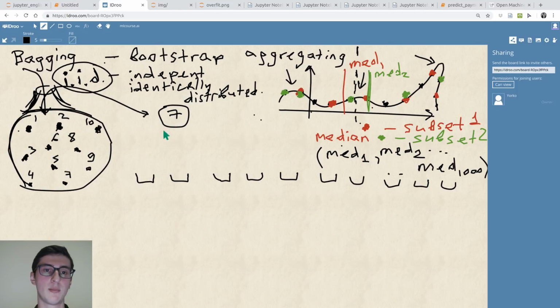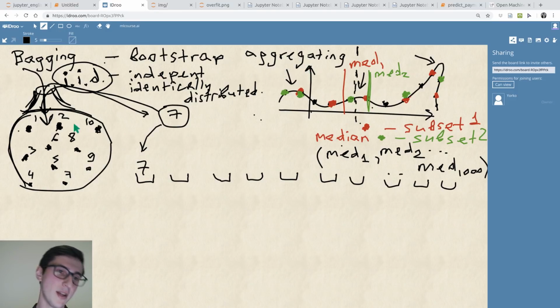Let it be ball number 7. And then you write it down that you've taken out ball number 7, and then you return it back to this bag. Okay, so actually bagging has nothing to do with a bag, but it's easy to illustrate with the idea of a bag and balls, like typically in combinatorics. So bagging stands for bootstrap aggregating, and here we use a bag just for illustration.